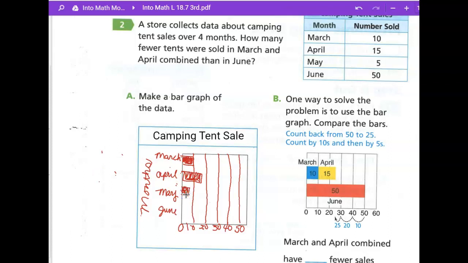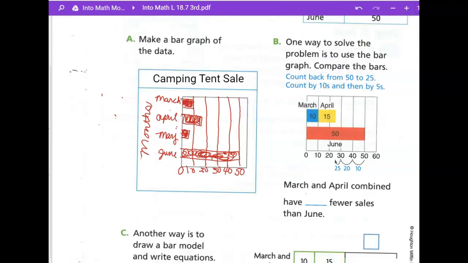And Jalen, where are we going to go for 50? At the end. Clear out to our last line we drew, right? Okay. Go ahead and stop your video and get that done.